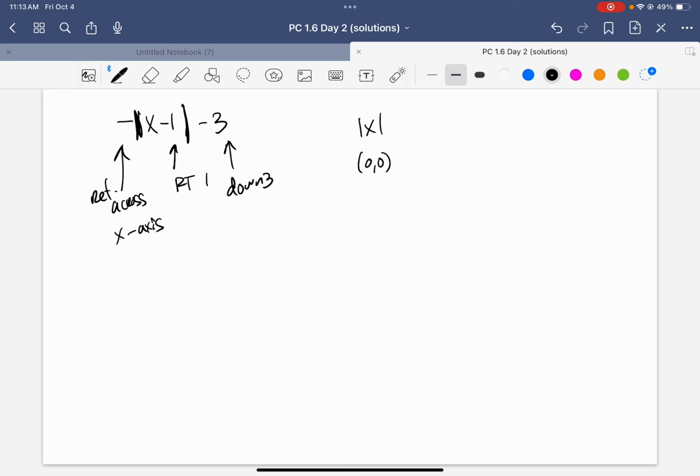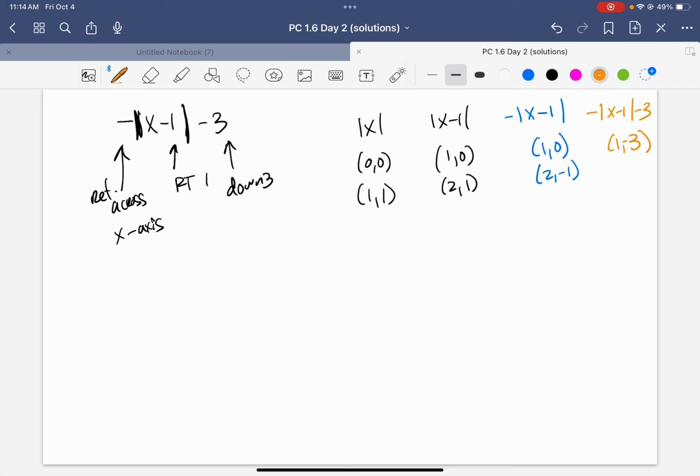So if I have my original points, which there are many, but I like these two, and I do this first, because I'm working from the outside in, it moves me right 1, so I'm going to be here. And then if I reflect across the x-axis, all my y's are going to become negative, so it does this. But negative 0 is still 0. And the last thing, if I move down 3, it's going to be this with a negative 3, and this with a negative 4.